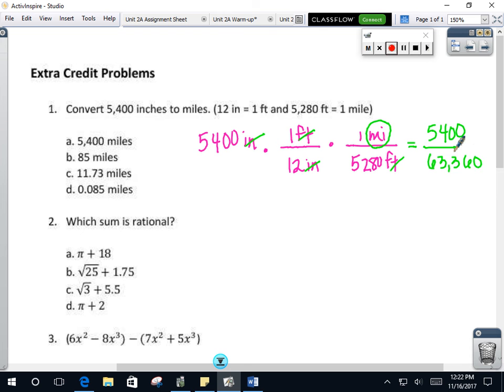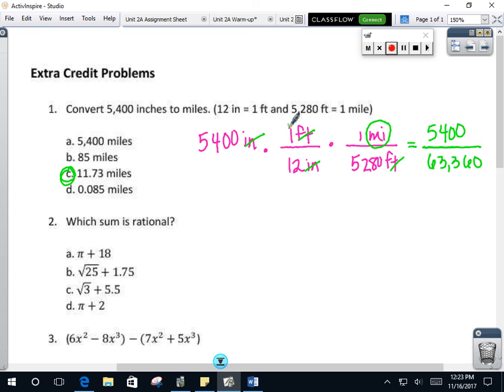Now divide those and see what you get. You sure? Is that what y'all got? 11.73. Okay, number 2. Which sum is rational?